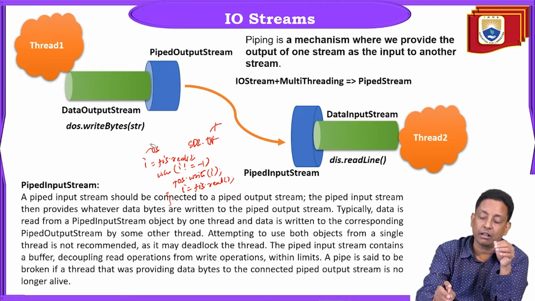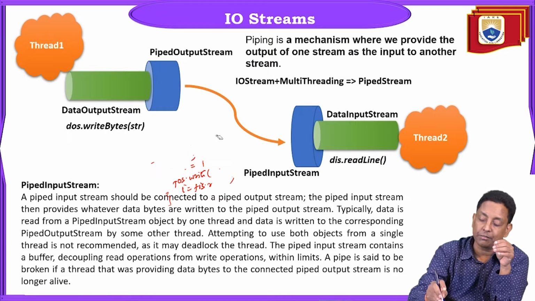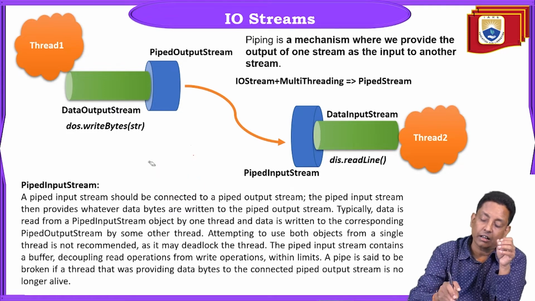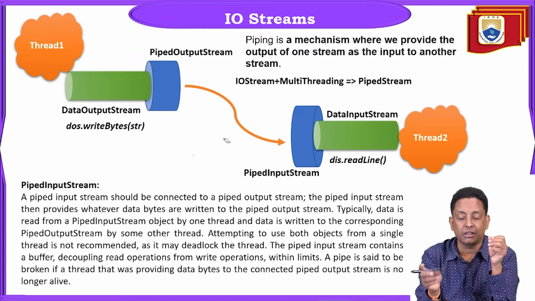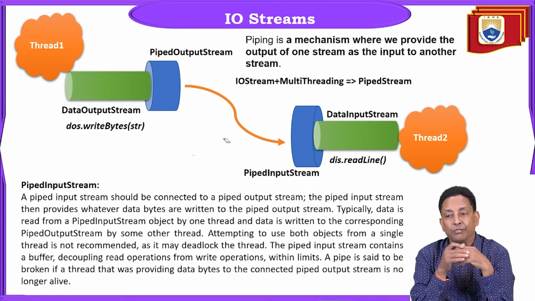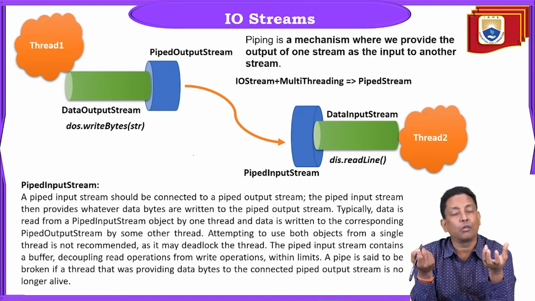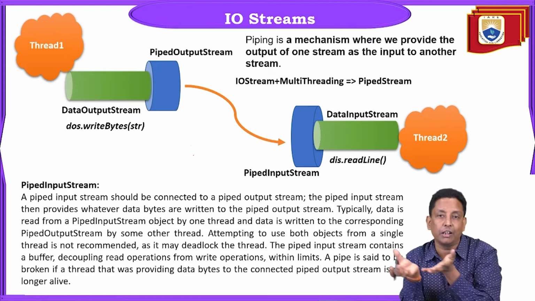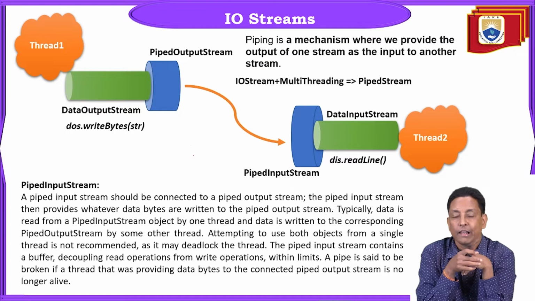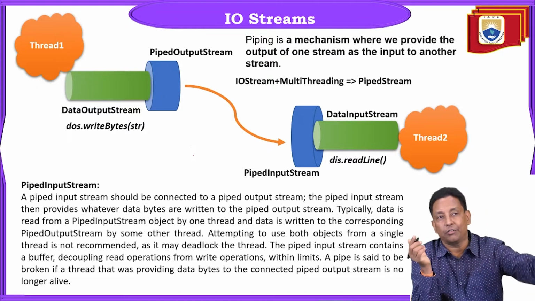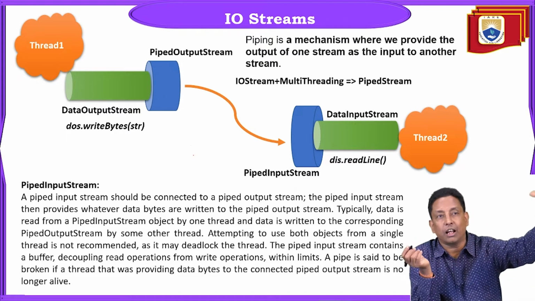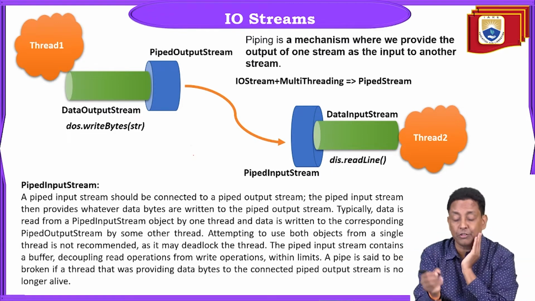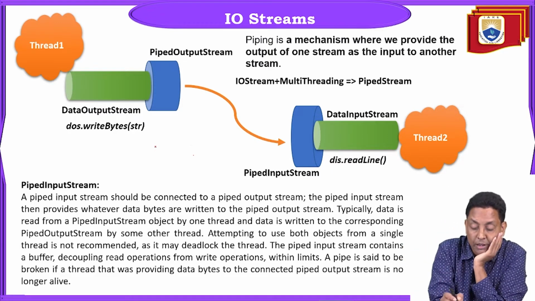But coming to the piped input stream and piped output stream concept, sometimes the requirement comes in such a way that an output stream may write from one thread, and from another thread an input stream wants to read the data. Say, for example, from the network we are getting some data, especially in server socket programming.